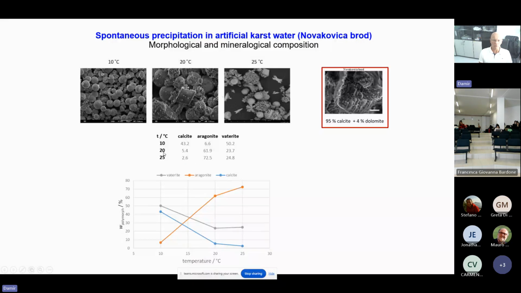This concentration at 25 degrees definitely did not resemble what we found in the field. In the field, as you can see here, we find almost exclusively calcite and some dolomite in the precipitate. So the conclusion could be that this is not a suitable model system.